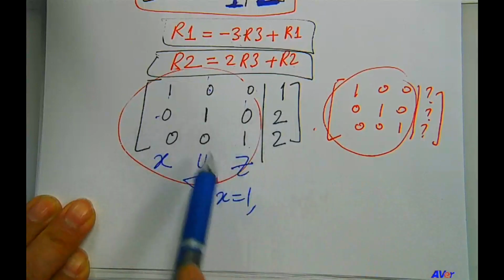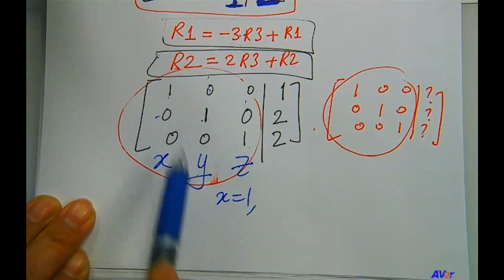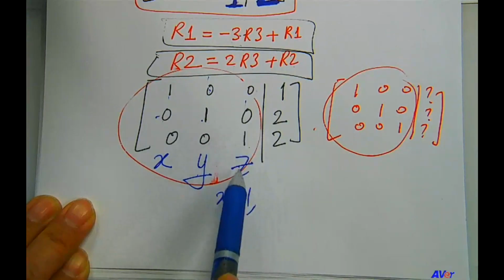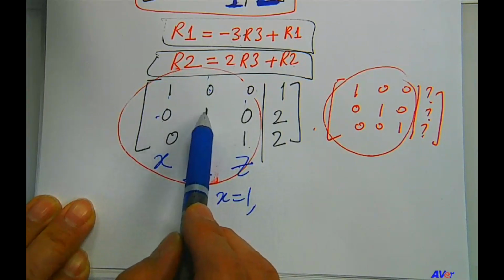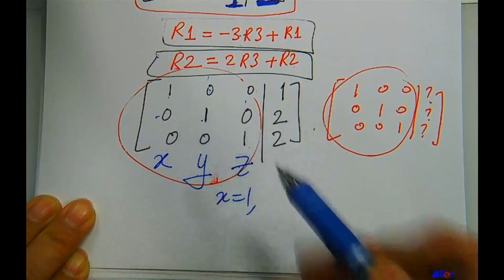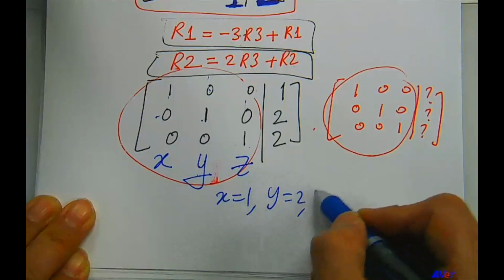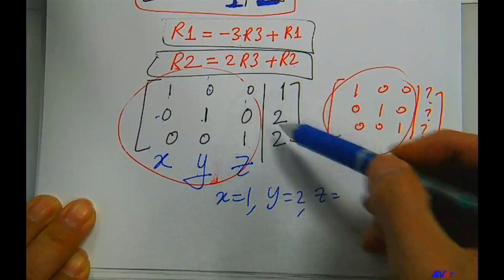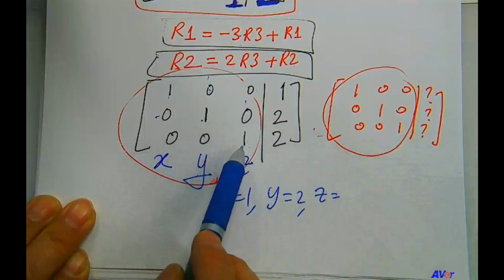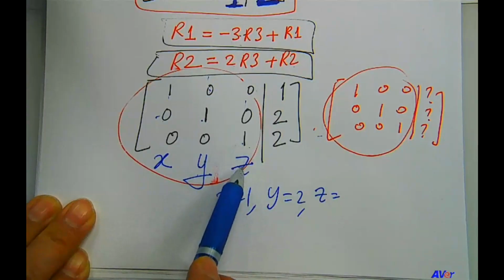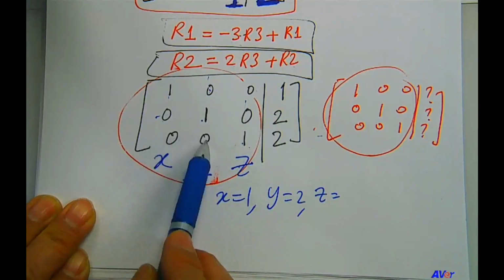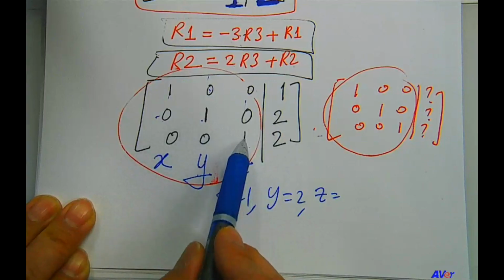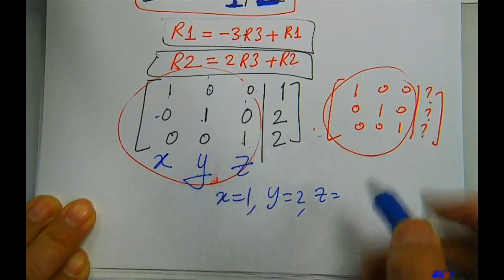In the second row, y has a coefficient 1. x and z have coefficient 0. So 1 times y is y equals 2. In the third row, z has a coefficient 1, but x and y have coefficients 0, so they drop out. So 1 times z is z equals 2.